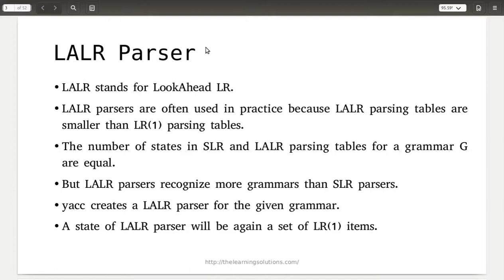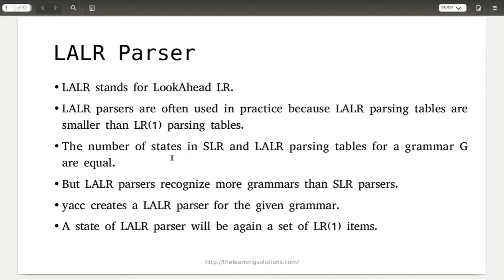The SLR and LALR parsers have fewer states as compared to CLR, and the count is almost equal to each other. But the LALR parser is more powerful because it generates more grammars than the SLR parser.